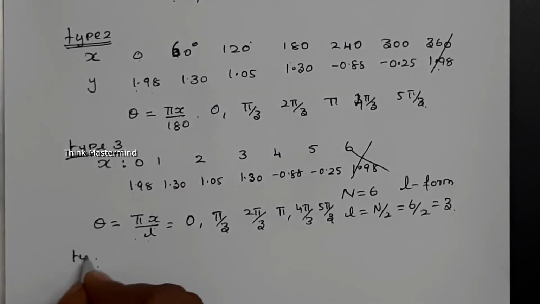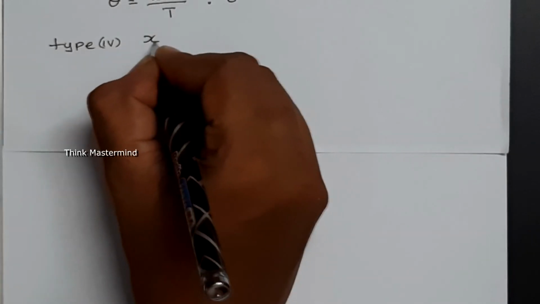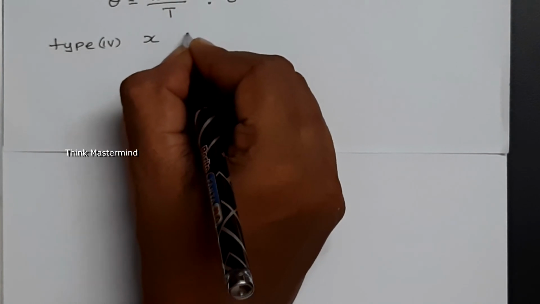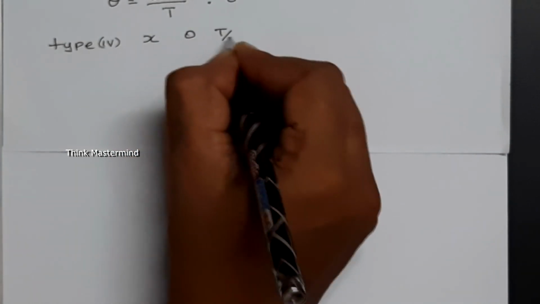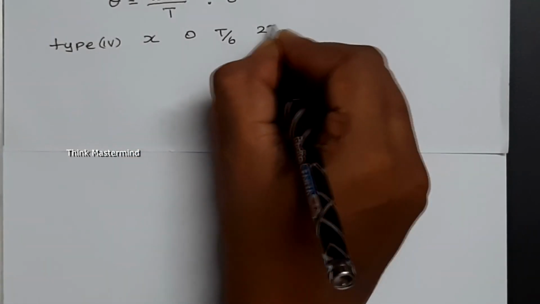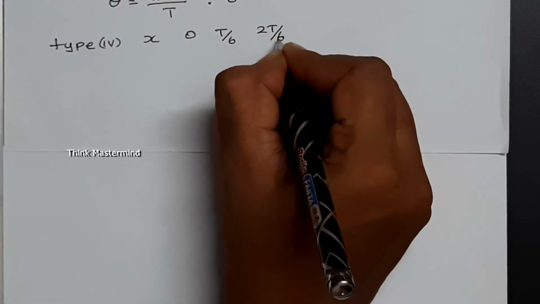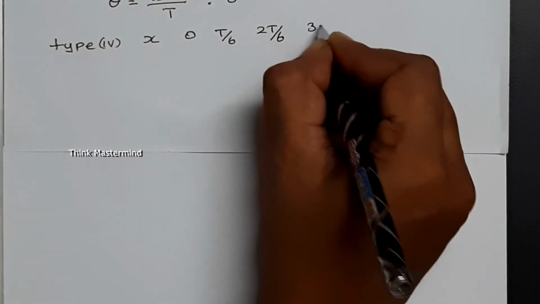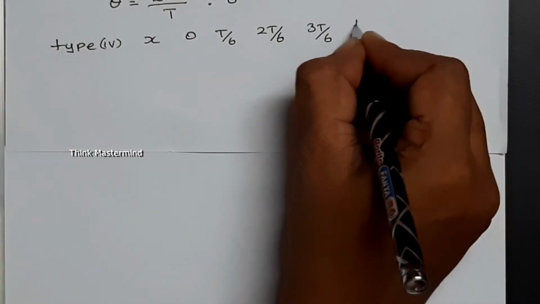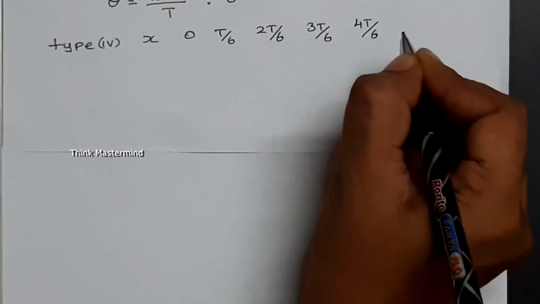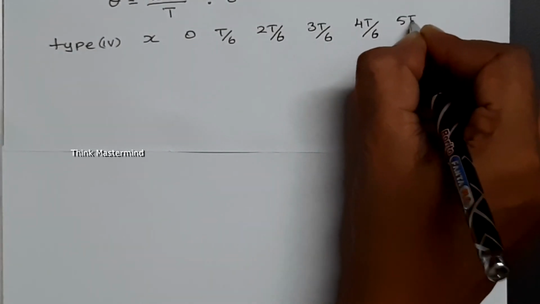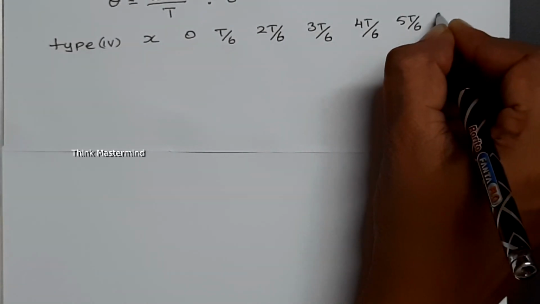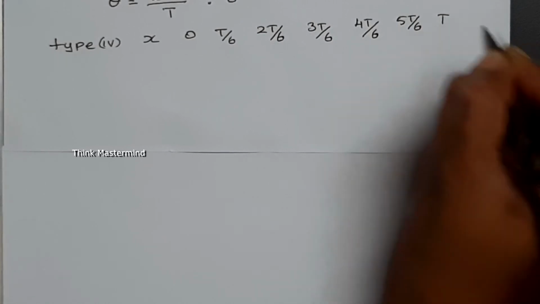Now I am going to find type 4, that is x is given in T form, that is 0, T by 6 and 2T by 6. Sometimes instead of 2T by 6 they give T by 3, and 3T by 6 and 4T by 6 and 5T by 6 and 6T by 6, that is T that is given.